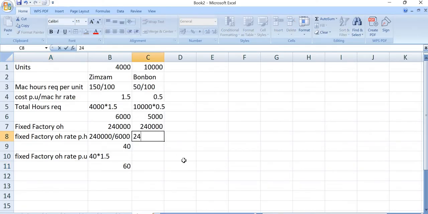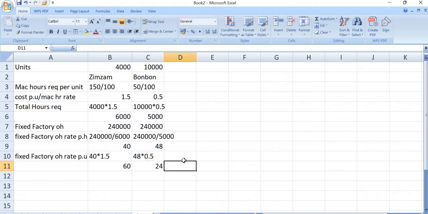In the same way for Bonbon, 2,40,000 divided by 5,000 gives 48. So 48 into 0.5 hours is required, so 24 rupees. Instead of two steps, you can calculate in a single step: 2,40,000 divided by 5,000 into 0.5. Either way, you can calculate.